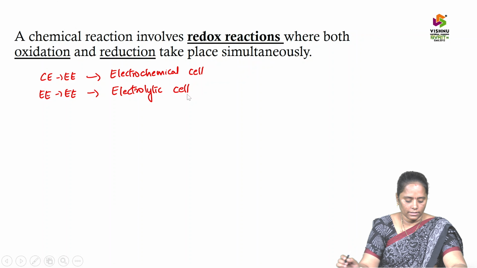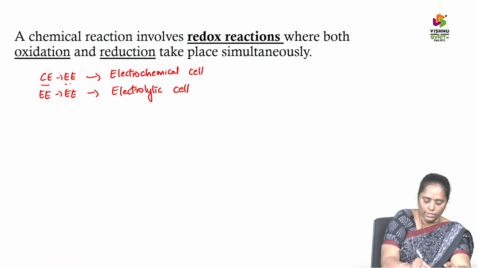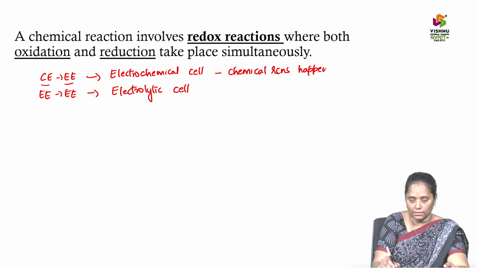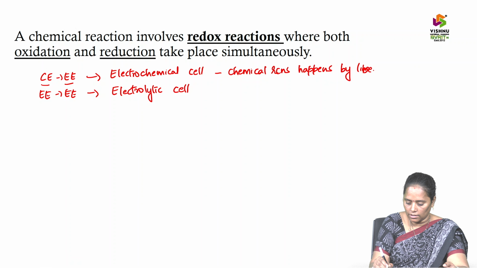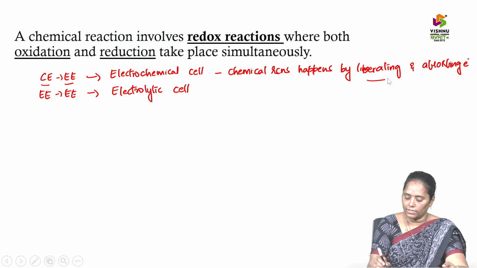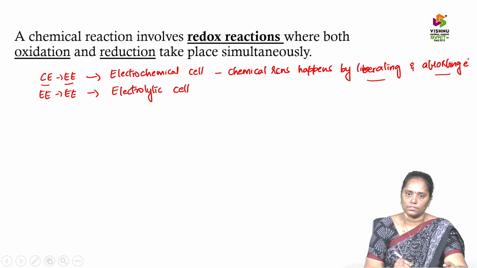So, when there is a chemical energy to electrical energy, chemical reactions happen by liberating and absorbing electrons. So, liberation of electrons, absorption of electrons.